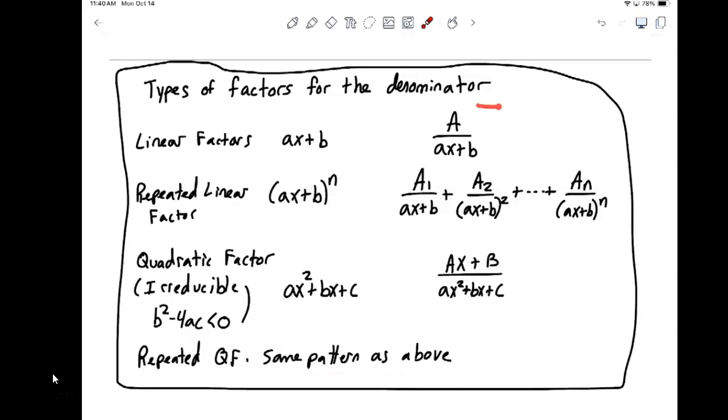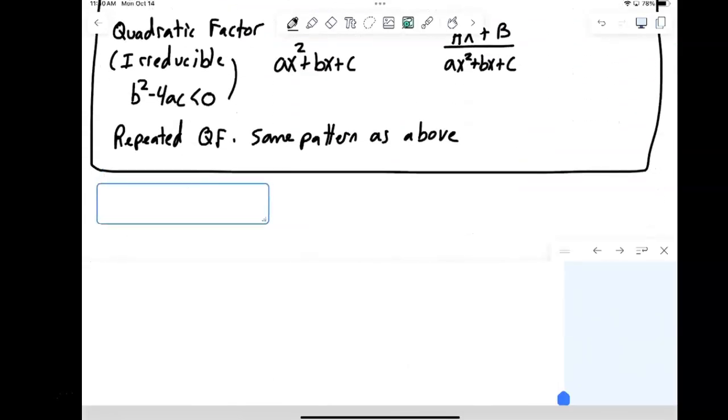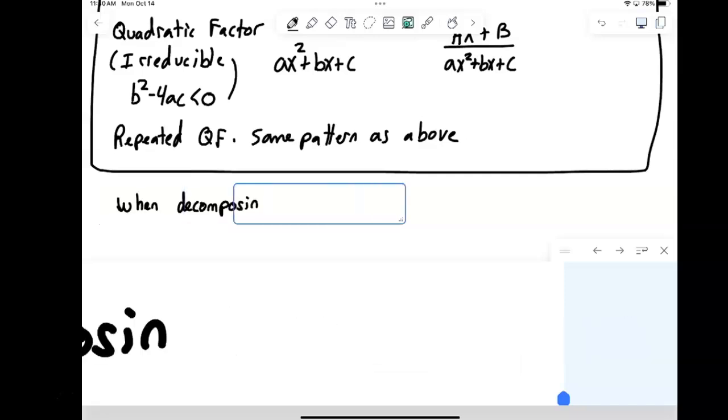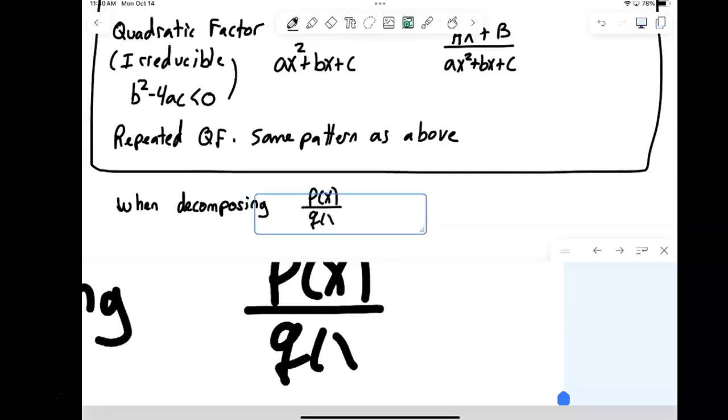Now these choices are all made with a very important idea in mind, and that is the original fraction you're looking at. So when we take an algebraic fraction, when decomposing, p of x over q of x, right? A rational function, one polynomial over the other.